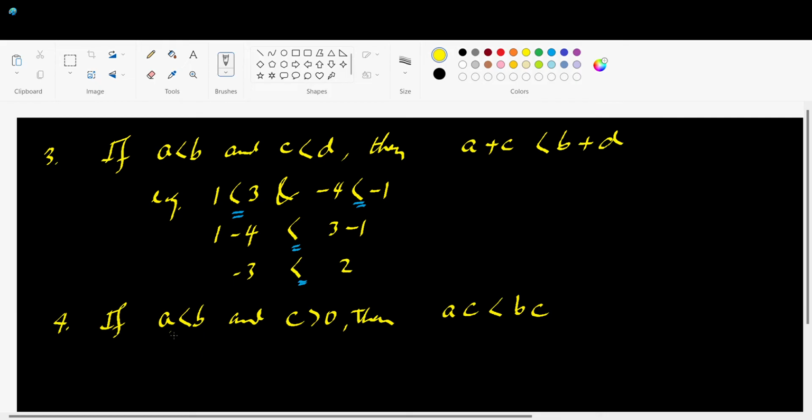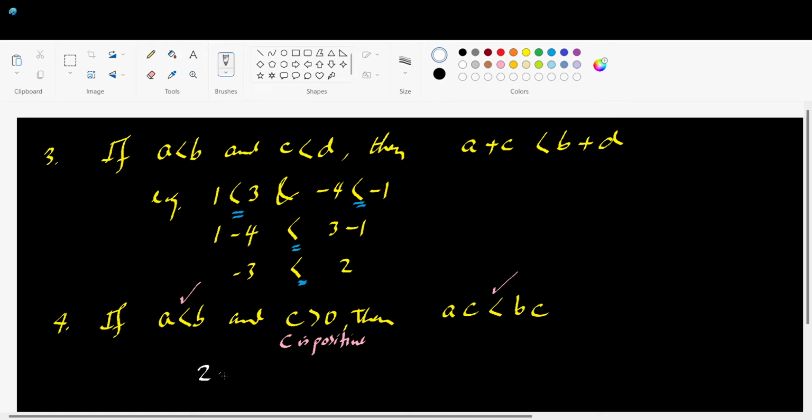So if we multiply both sides of the inequality by a number C that is greater than 0, meaning to say that C is positive, you retain the sense of the inequality.